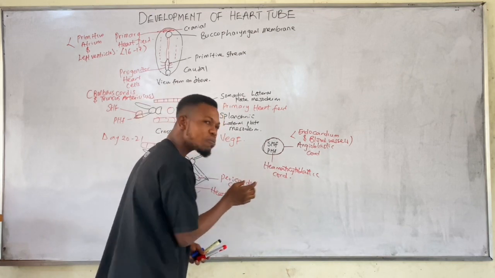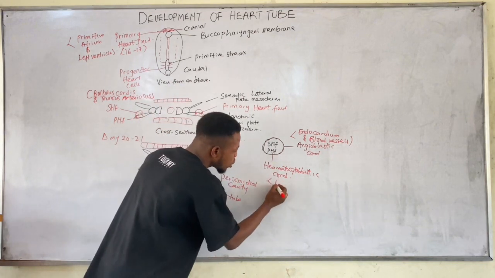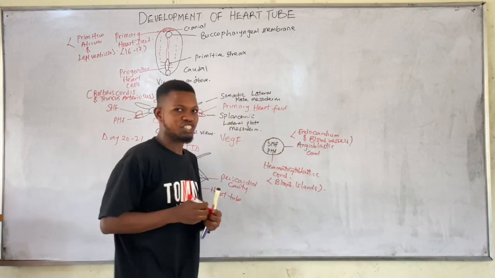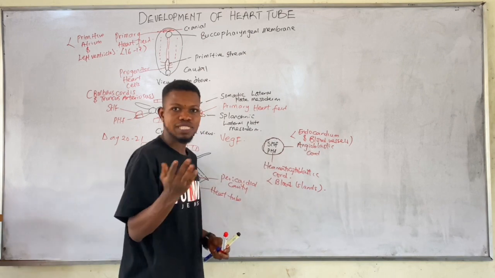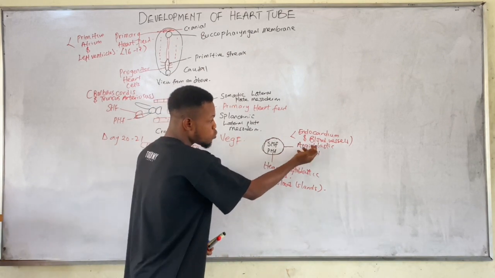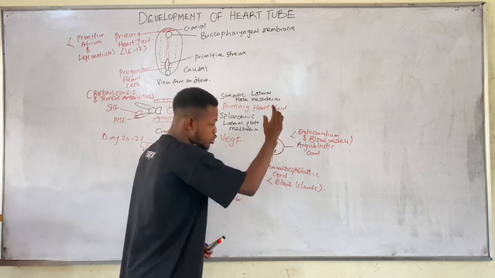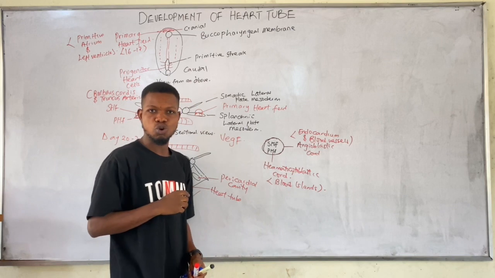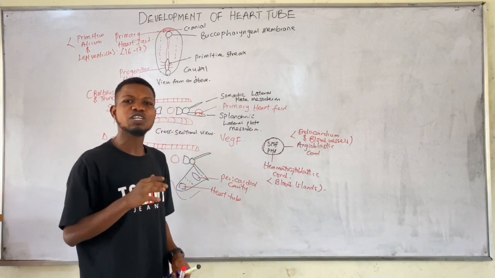Now the hematocytoblastic cord is the one that will give rise to our what? Blood islands. Yes, blood islands. You know, when this gives rise to vessels, what happens? The vessels are responsible for the transport of blood. So vessels will enter the heart field and continue as well. Blood islands in the what? Heart tube. That's one thing I want you to know. So that's what the vascular endothelial growth factor is doing.